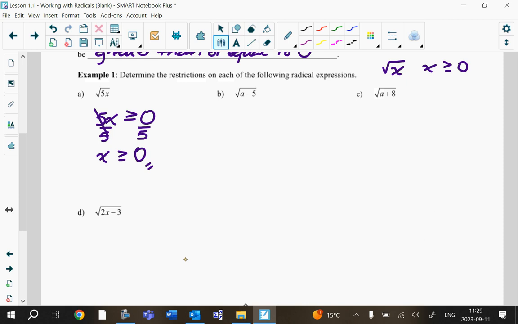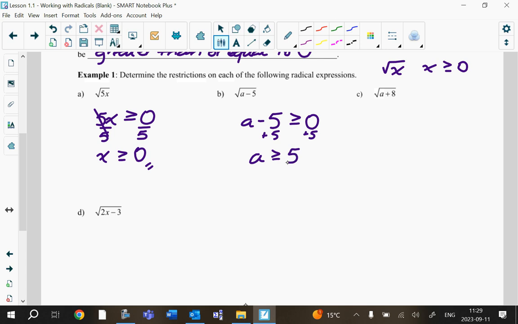You can use the next expression as long as whatever's underneath is greater than or equal to 0. How do I solve for a? Plus 5. Plus 5. And that means a must be greater than or equal to 5 in this case.